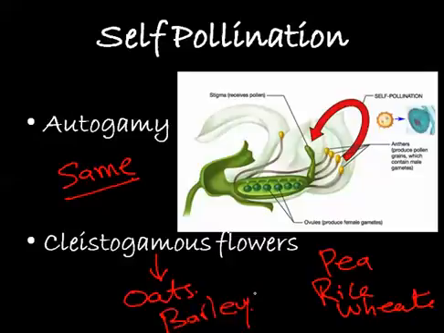These are common examples of cleistogamous flowers where self-pollination is compulsorily done. Here you see the example of a pea flower, where the pollen from the anther is falling on the stigma. This is a stigma. So this is a good example of self-pollination.